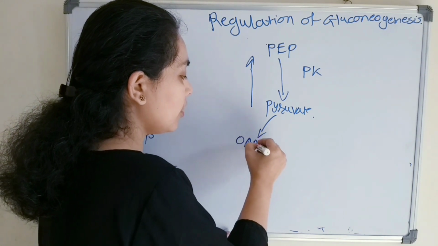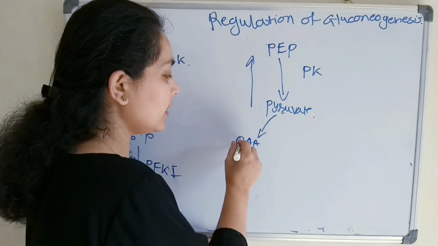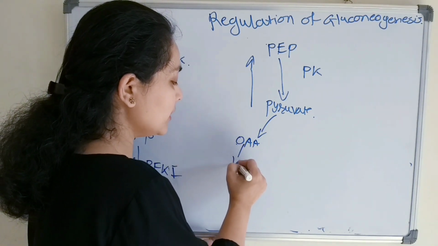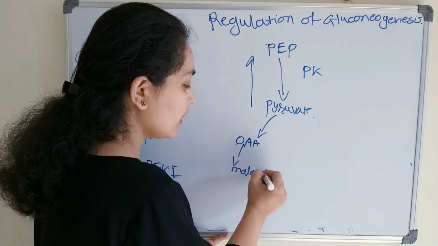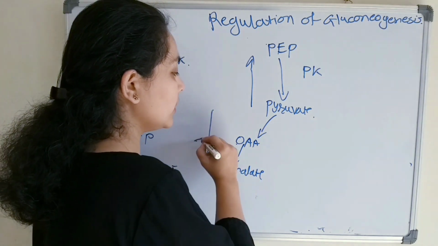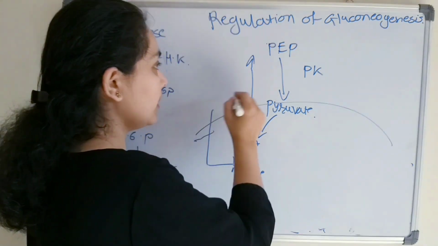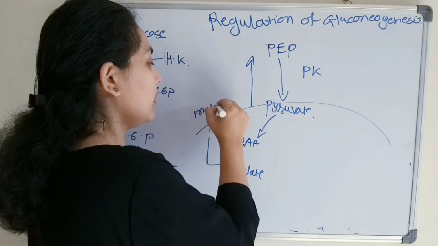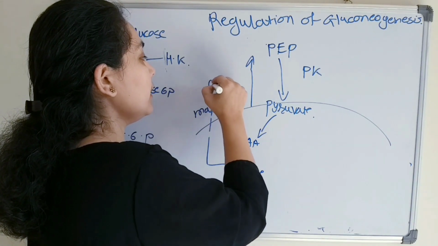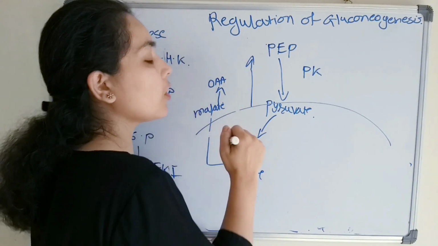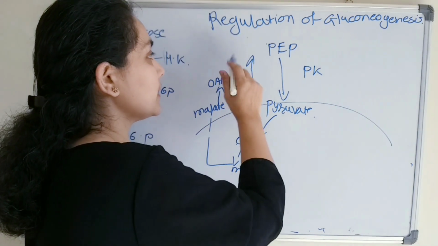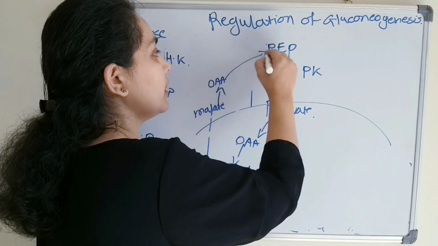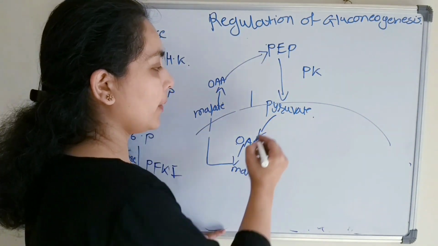First, pyruvate will convert to oxaloacetate, and then with the help of the malate shuttle system, it will come out of the mitochondria. Suppose this is the mitochondrial membrane. Malate will again convert to oxaloacetate, or oxaloacetate is regenerated in the cytoplasm, and it will convert to phosphoenol pyruvate.